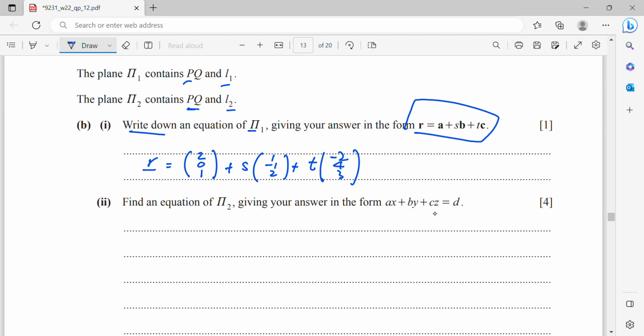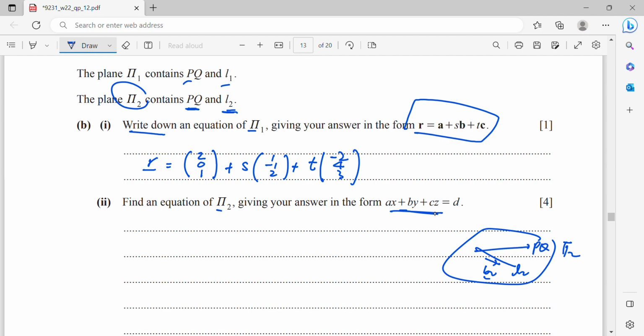And then for part 2, find an equation of pi 2 and leave the answer in Cartesian form. Because pi 2 contains PQ and L2, we need to find what the normal vector is. So let's say this is pi 2. It has the line L2, where we have B2, the direction vector of the line. And this is PQ.